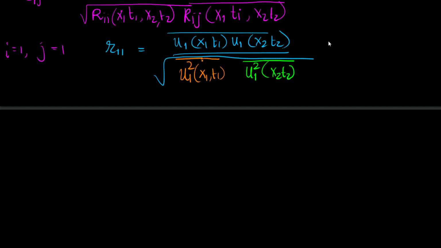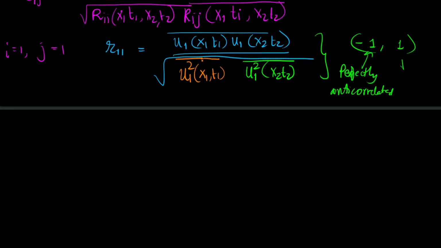Okay, and this is always bounded between 0 and 1, or rather not 0 and 1, but it is bounded between -1 and 1. So -1 will be perfectly anti-correlated, and +1 will be perfectly correlated.